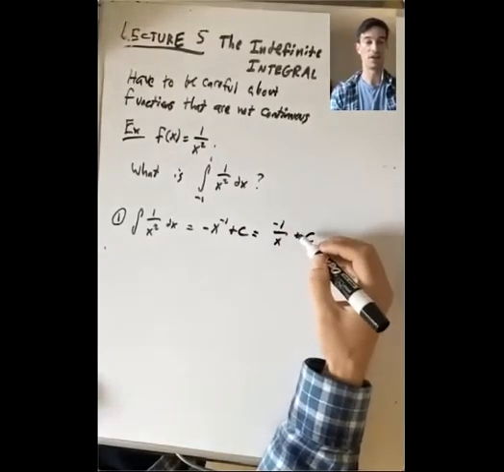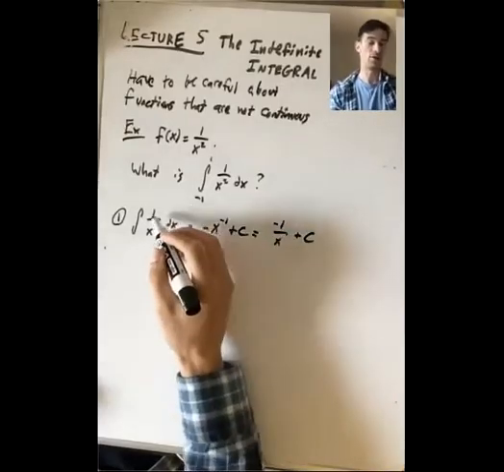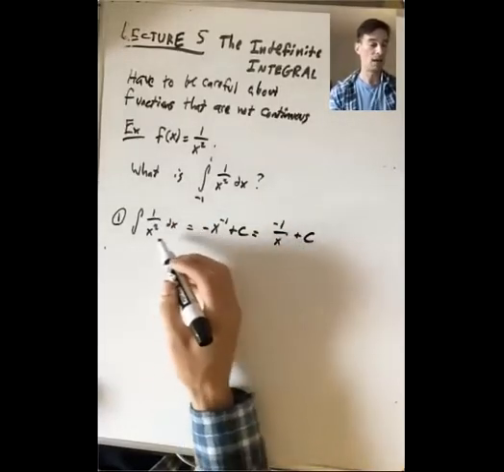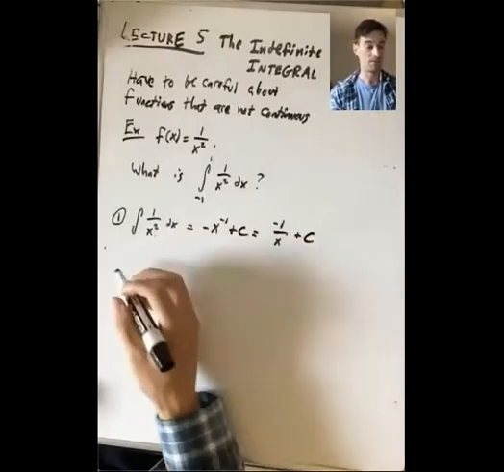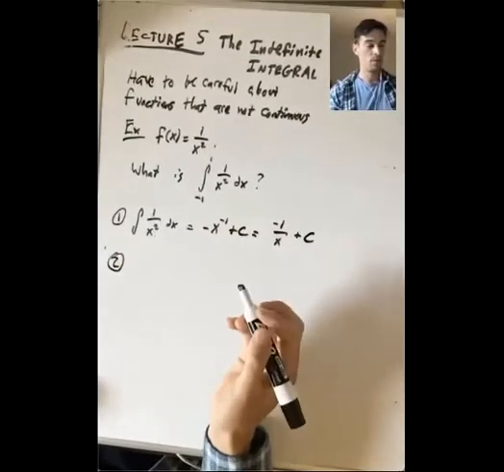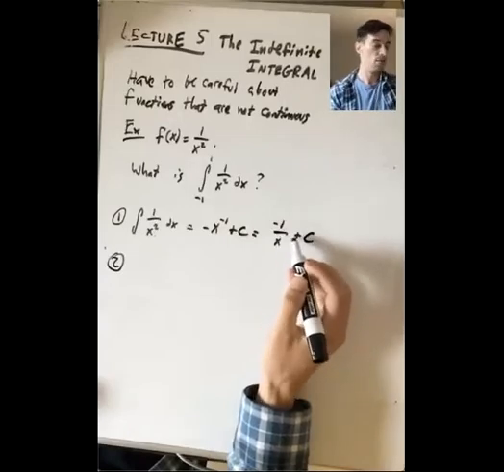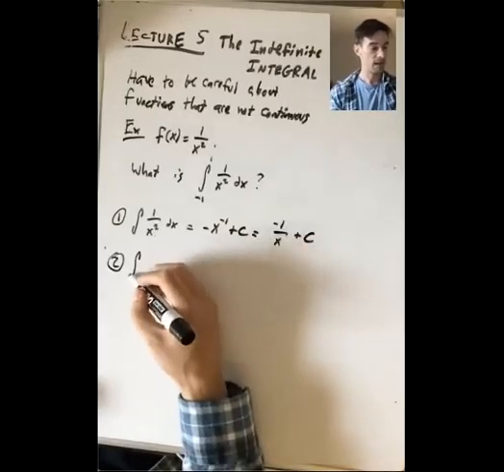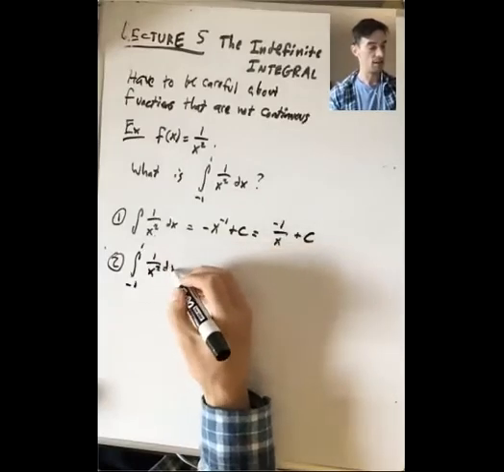This is a function whose derivative, where it's defined, is equal to 1 over x squared, just keeping in mind that 1 over x squared is not defined at x equals 0. So what we said in the last video was you find the most general antiderivative, you pick a simple one, and you evaluate using FTC2.